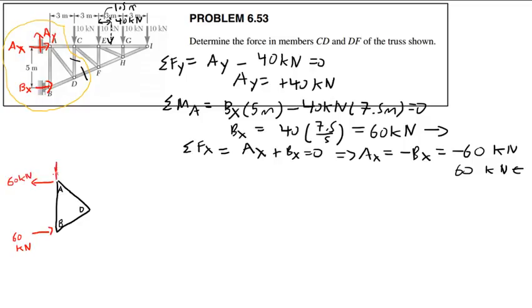And I have 40 kilonewtons here. Then I have FAC, FCD, and then I have this force here, FBF.